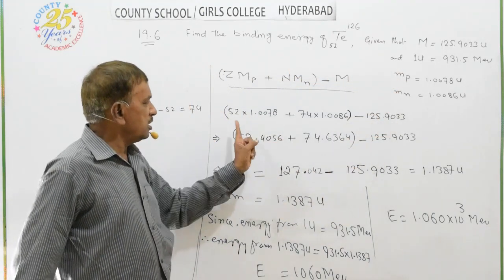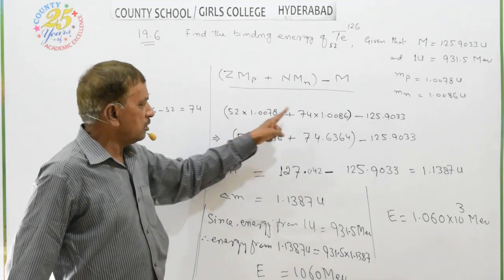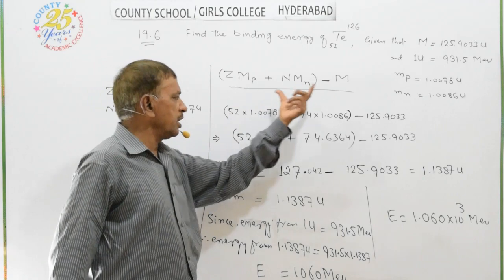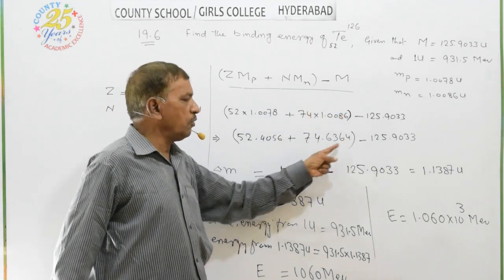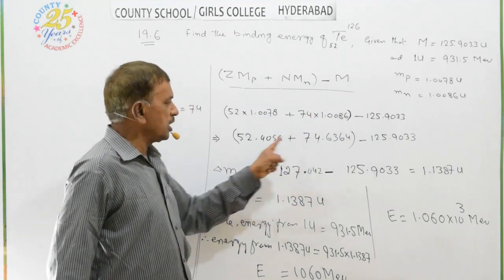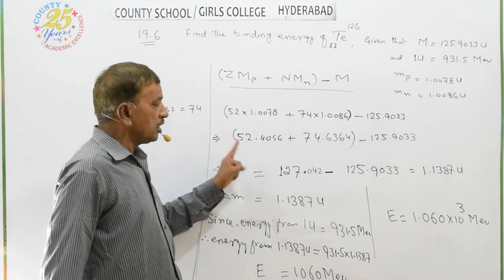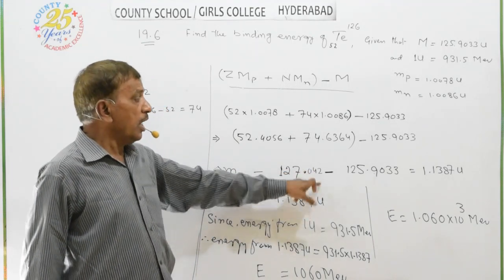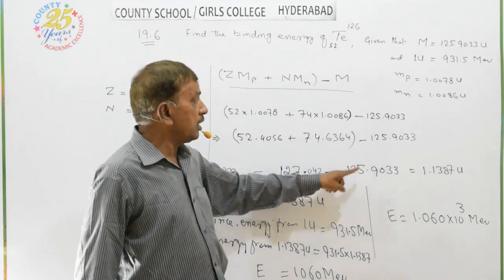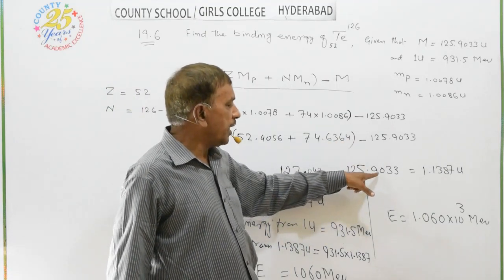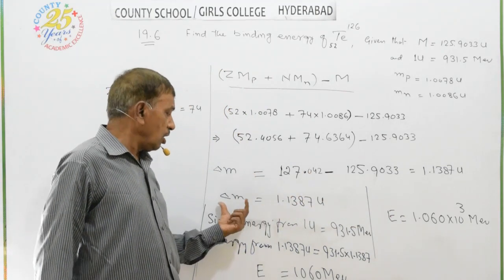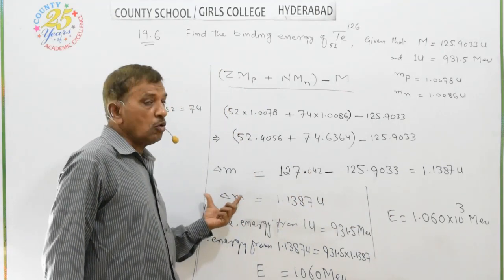So this is the number of protons, this is the number of neutrons, that is the mass of 52 protons and a total of 74 neutrons. So the total mass of 126 nucleons is 127.042, and the mass which we are given in the table is 125.9033. So this is the mass defect for tellurium, and this will go into energy.